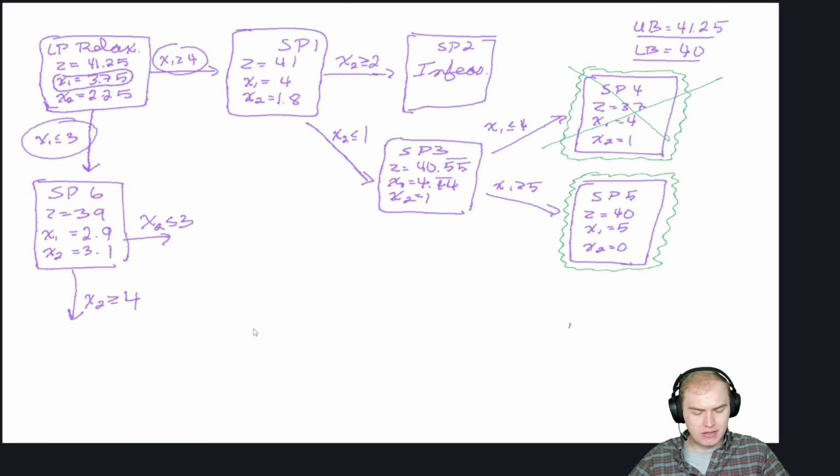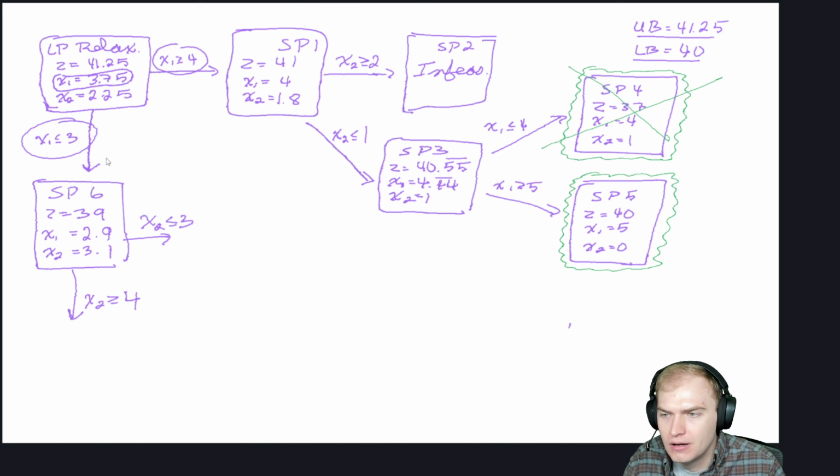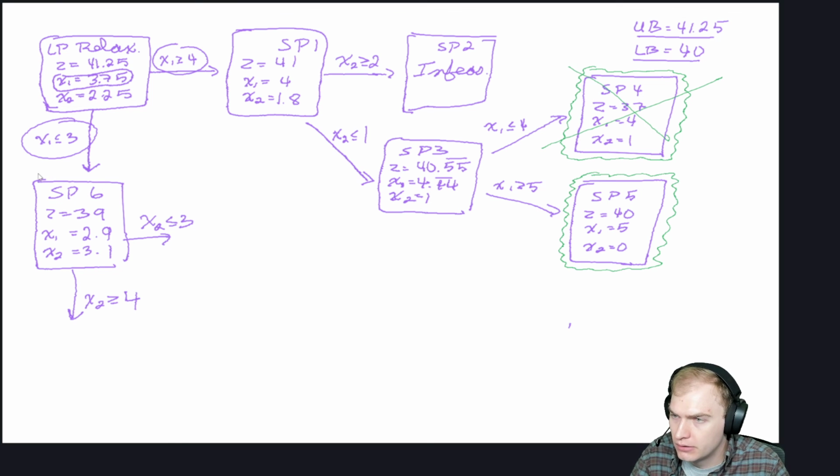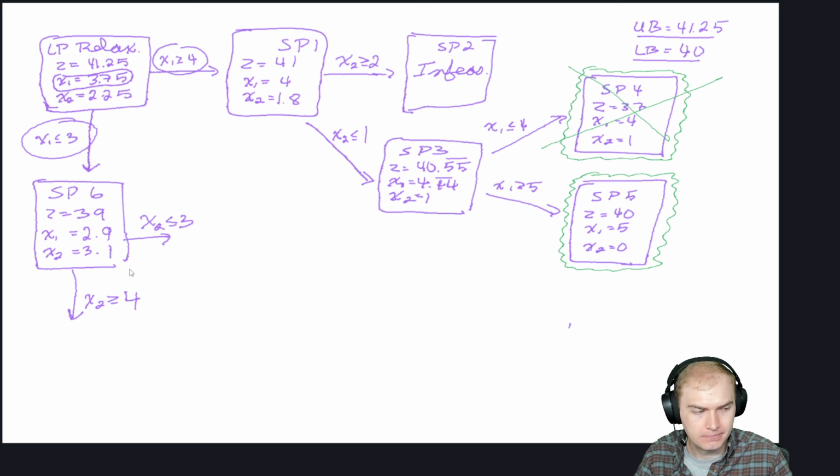adding constraints to an LP. Adding constraints can only reduce the objective function. At any step in this branching process, the subproblems below subproblem 6 will never have a better objective function value than subproblem 6 did.